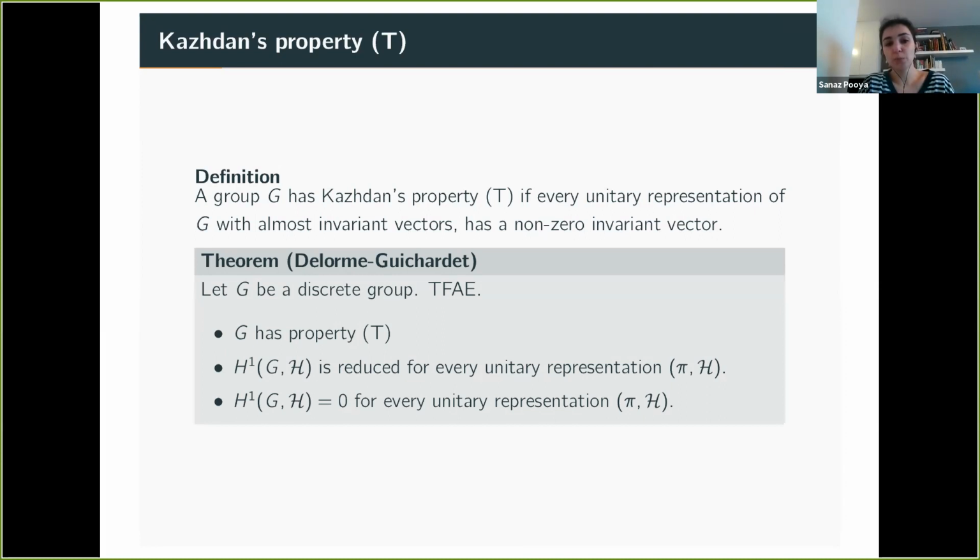G has property T if and only if the first group cohomology is reduced for any unitary representation pi of G, where reduced means that the first coboundaries are closed in the first cocycles. Now, the second part of the characterization is that the first cohomology group vanishes for all unitary representations.